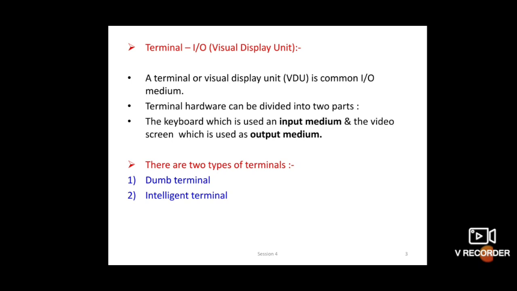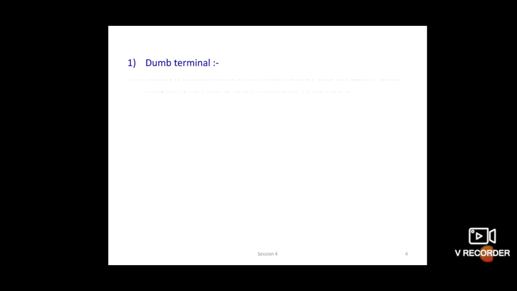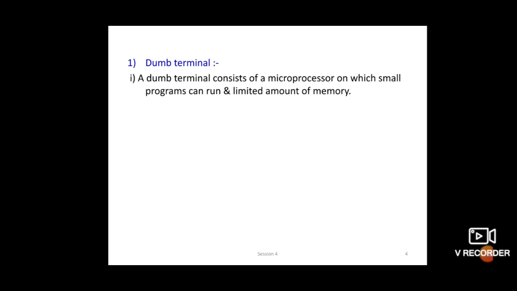Now what is the difference between these two terminals? Let us see the features of the dumb terminal. A dumb terminal consists of a microprocessor on which small programs can run and a limited amount of memory.